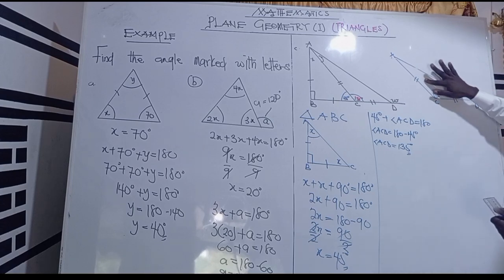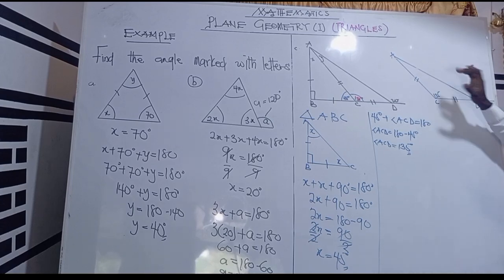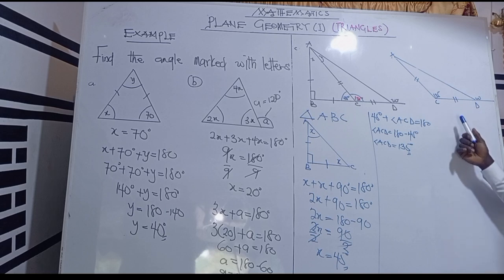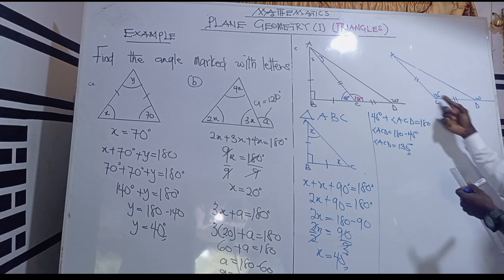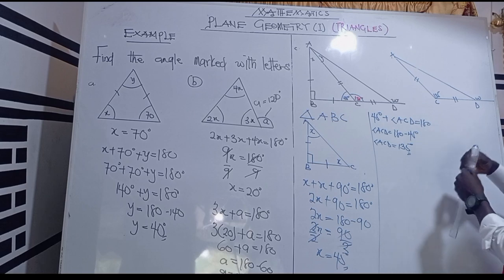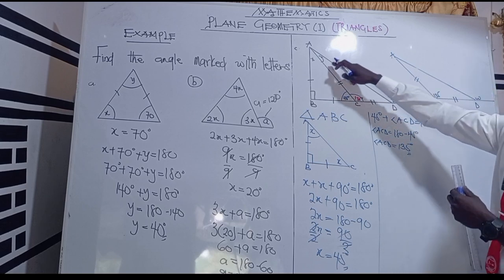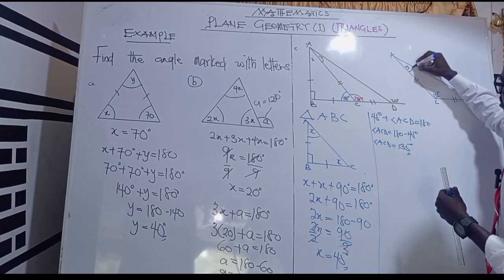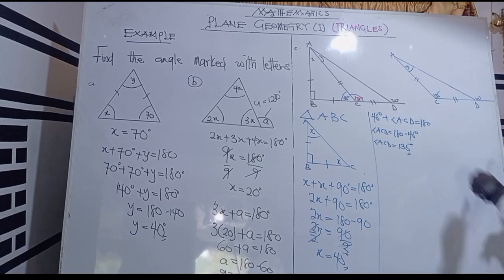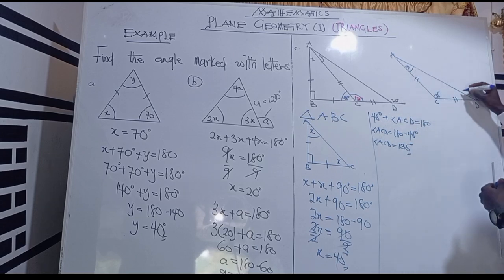Good. Now looking at this very triangle, what type of triangle is it? Now realize that we have two of the sides being equal. Therefore, the base angles too are equal. Sorry, this angle is y. So the base angles are equal. So this angle is also equal to this angle.